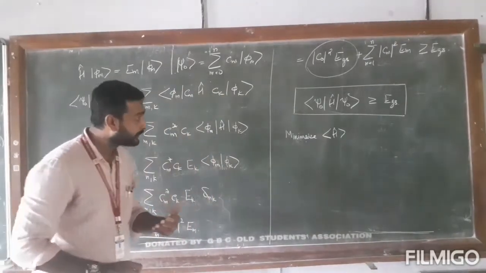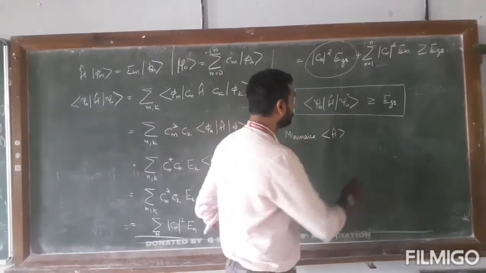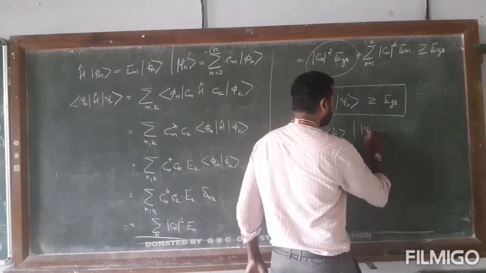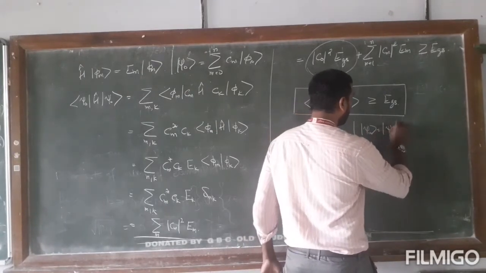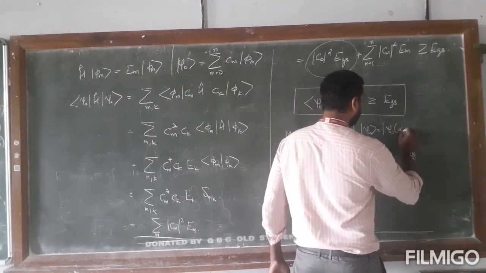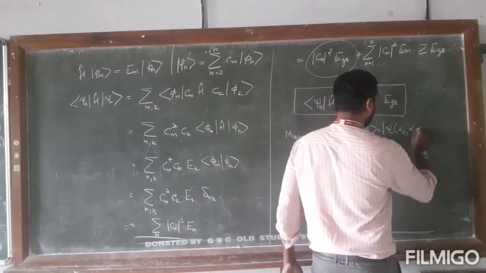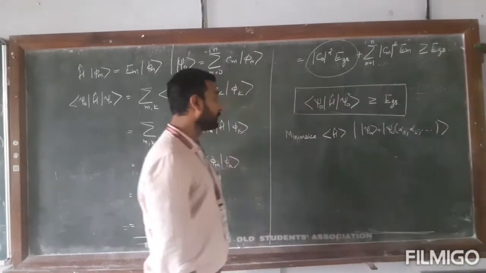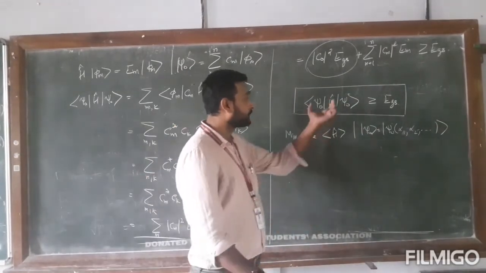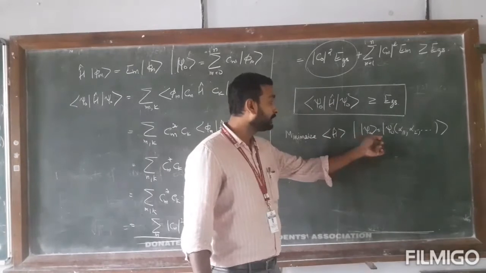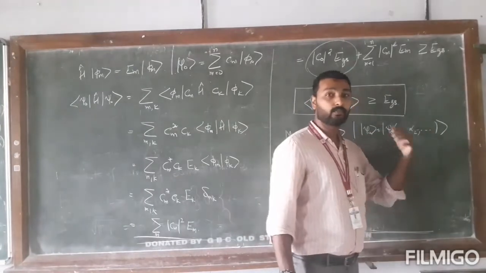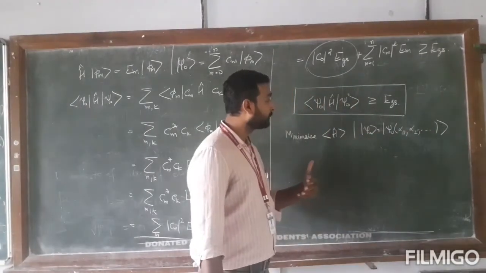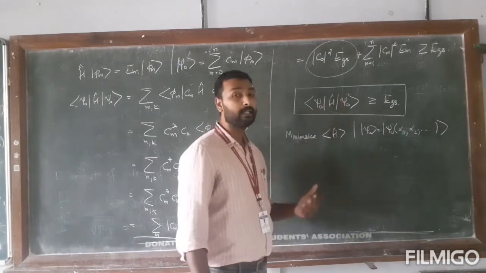Okay, now how will you minimize it? Remember psi 0 has many parameters, alpha 1, alpha 2, etc. So we can minimize the expectation value of the Hamiltonian with respect to these parameters, that is, find for which parameter values the Hamiltonian is minimized.